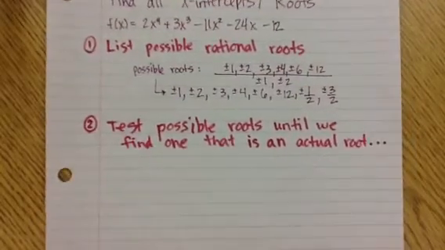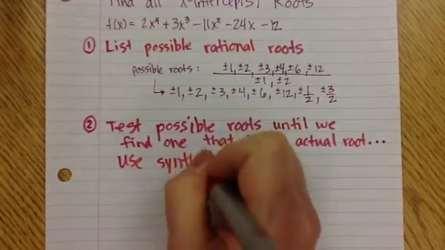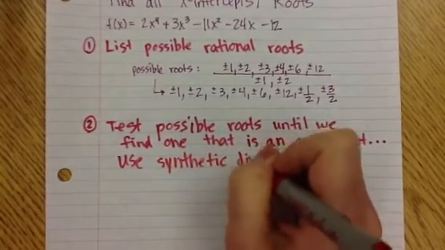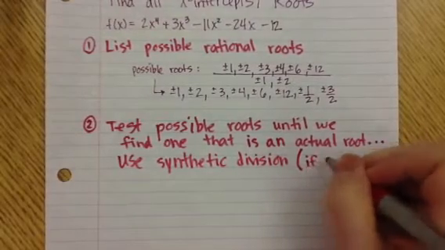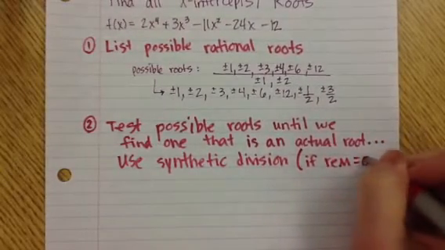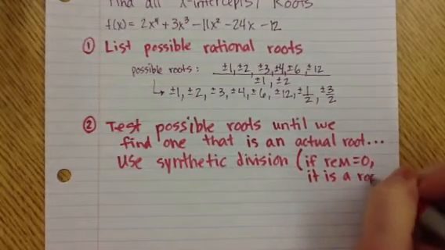And the way that we're going to do that is to use synthetic division. Remember that if the remainder equals 0, then it is a root.